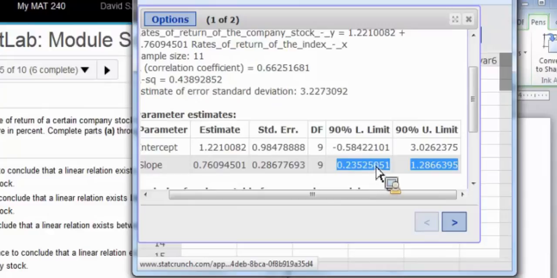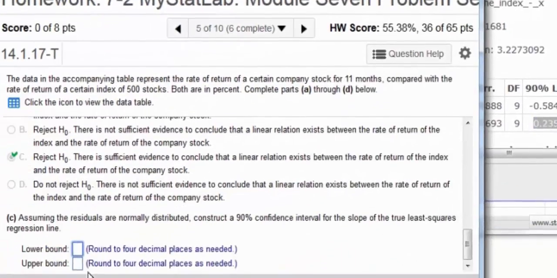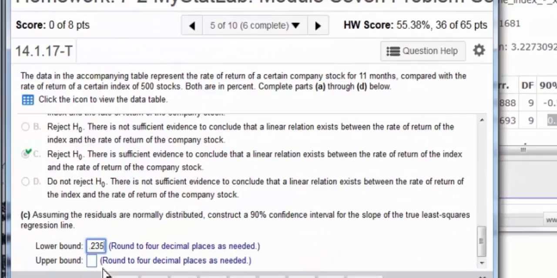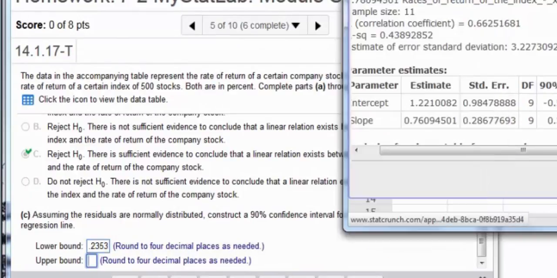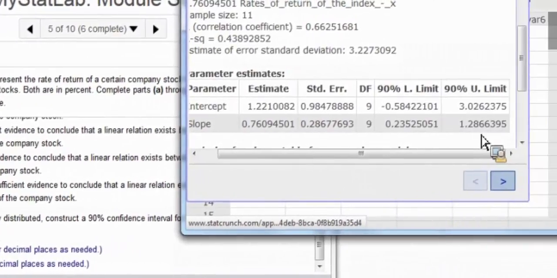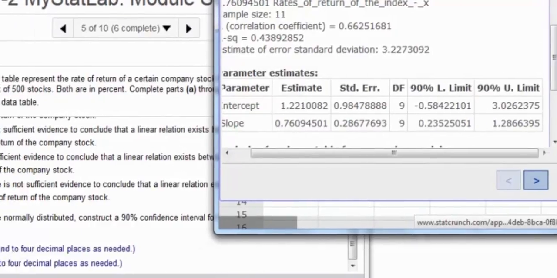Because there is a significant relationship, which means the slope is not 0. 0 is not a believable value, so the confidence interval here is entirely positive. Okay, so 4 decimals, 0.2353. It's the lower bound. And the upper bound is 1.2866.